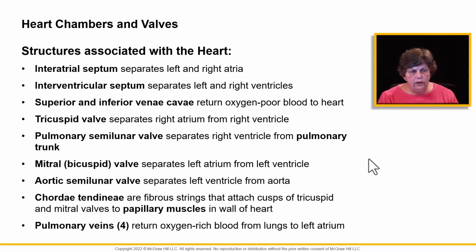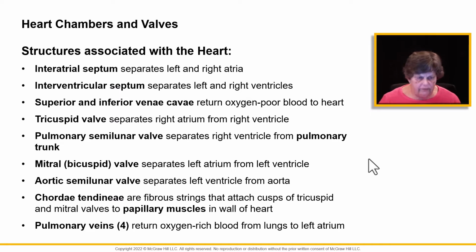So the pulmonary semilunar valve is that opening into what we call the pulmonary trunk that goes to the lungs. And then we have the aortic semilunar valve, which is going into the aorta. And sometimes it's called pulmonic valve and aortic valve.